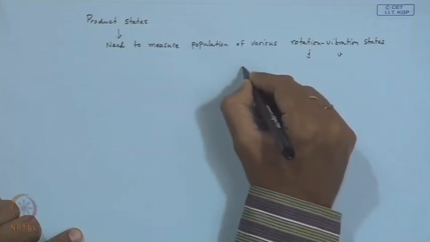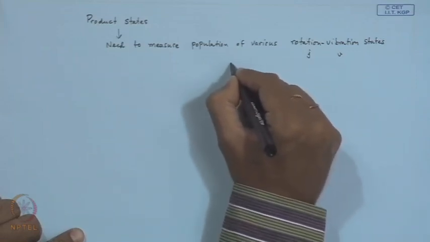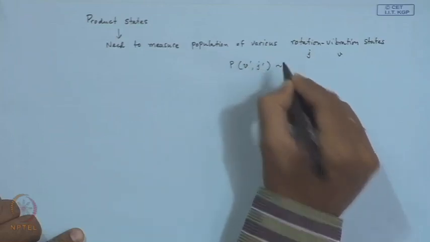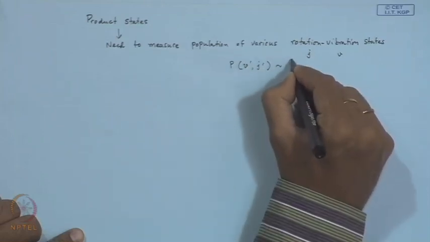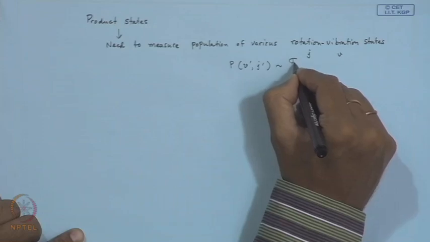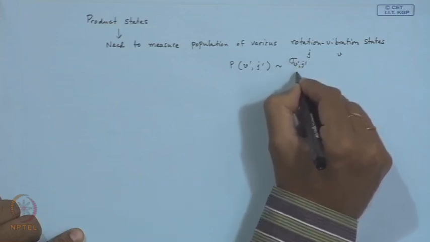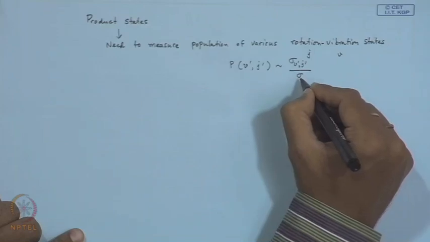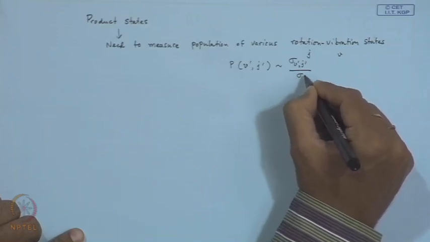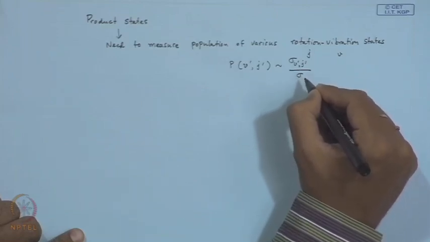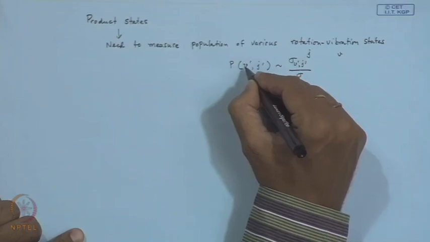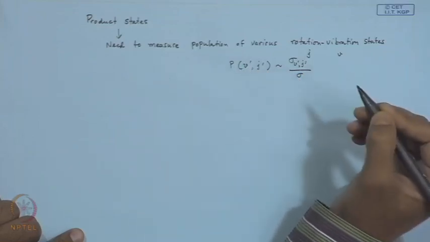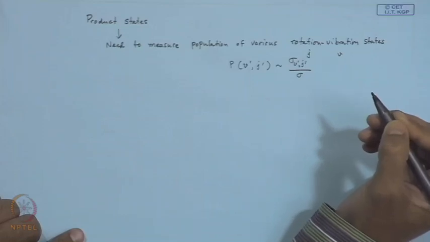That is quantified by P(V', J'), which is sigma(V', J') divided by sigma, where sigma is the cross section. This sigma is the total cross section. If it is known, we can find out this probability factor.